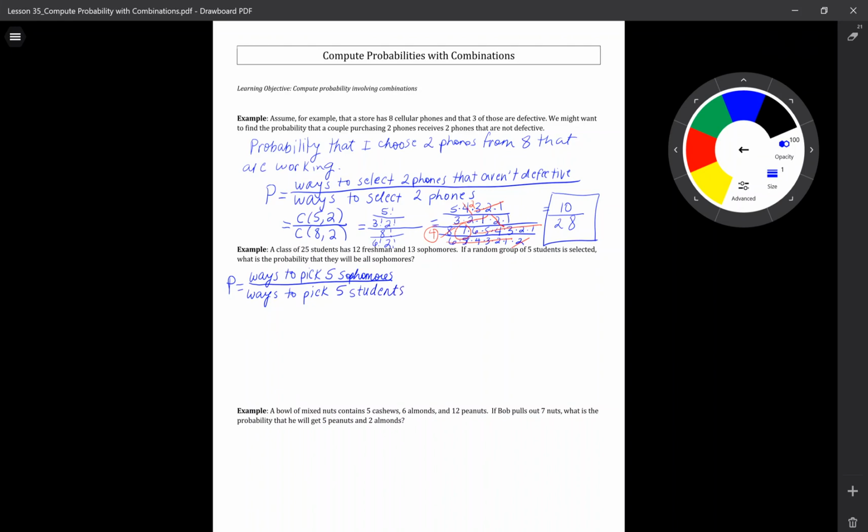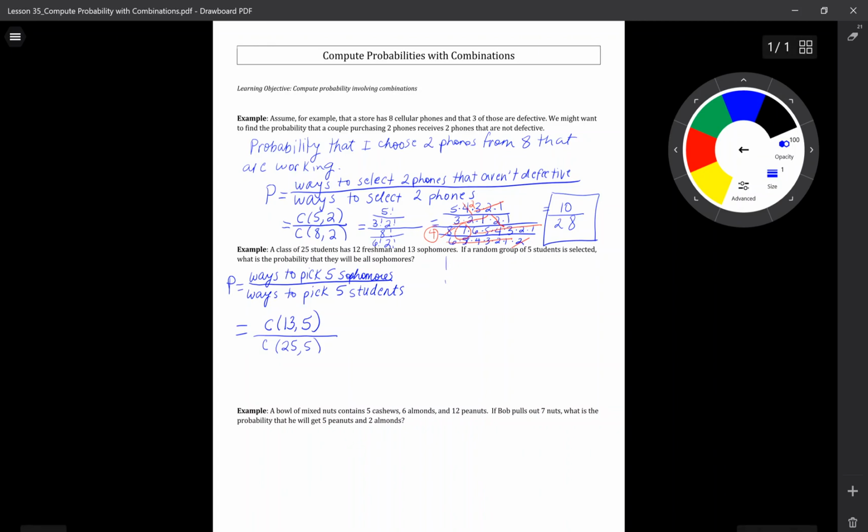All right, well, on the top here, I'm choosing 5 sophomores from 13. So this is C, 13, choose 5, since I have 13 sophomores in this class and I want to choose 5 from them, divided by the ways to pick 5 students. This will be C, 25, choose 5.